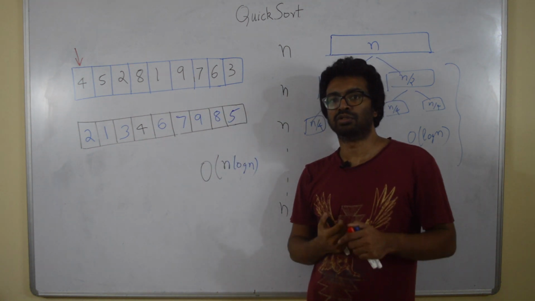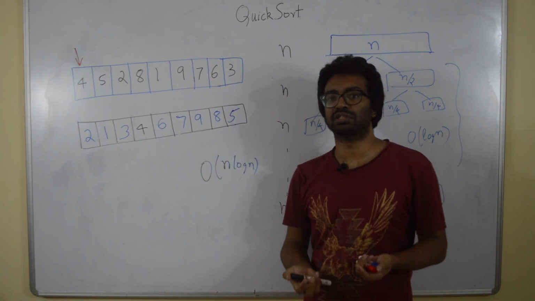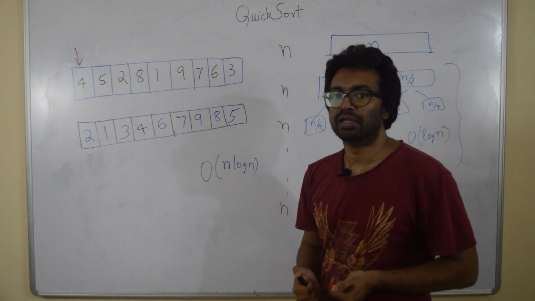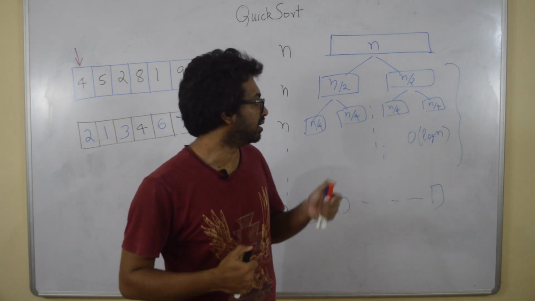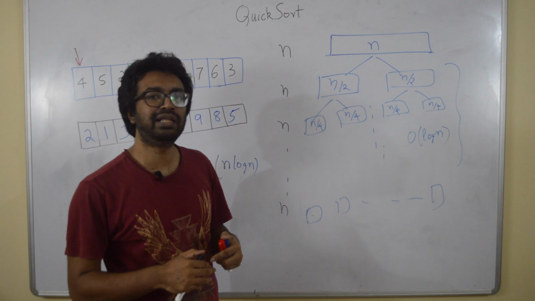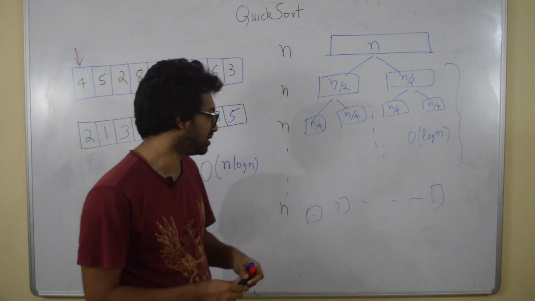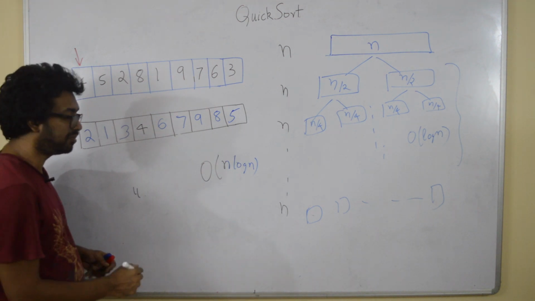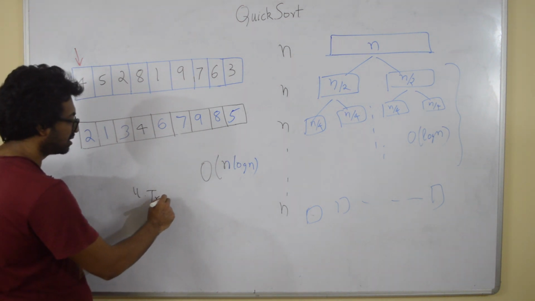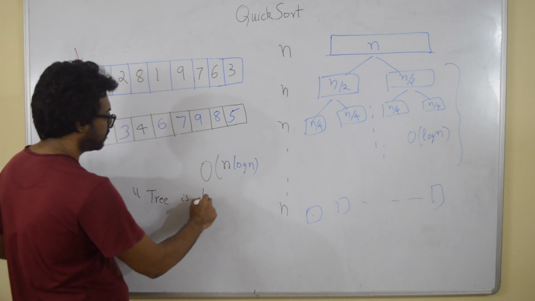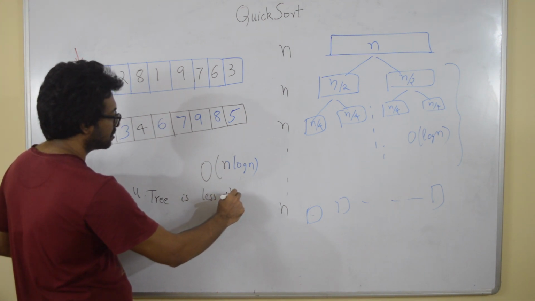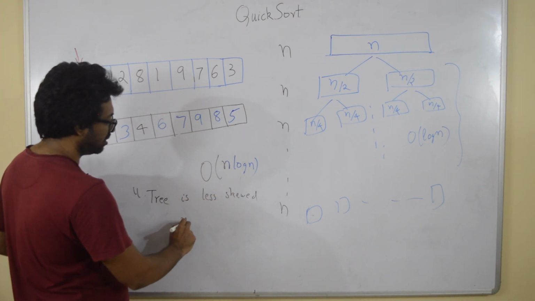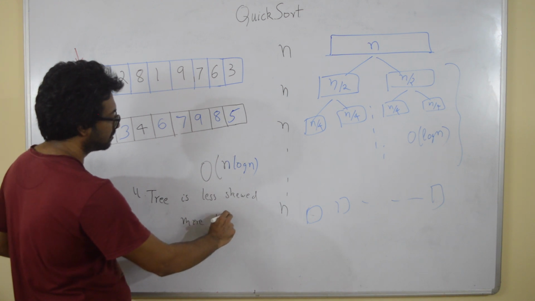What happens in a randomly chosen situation is that the tree you get is highly likely not to be skewed. For a randomly chosen pivot, the tree is less skewed, more balanced.